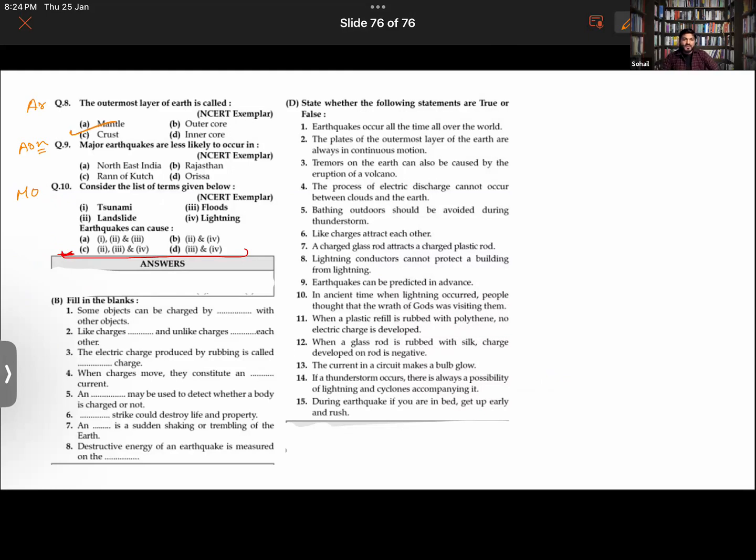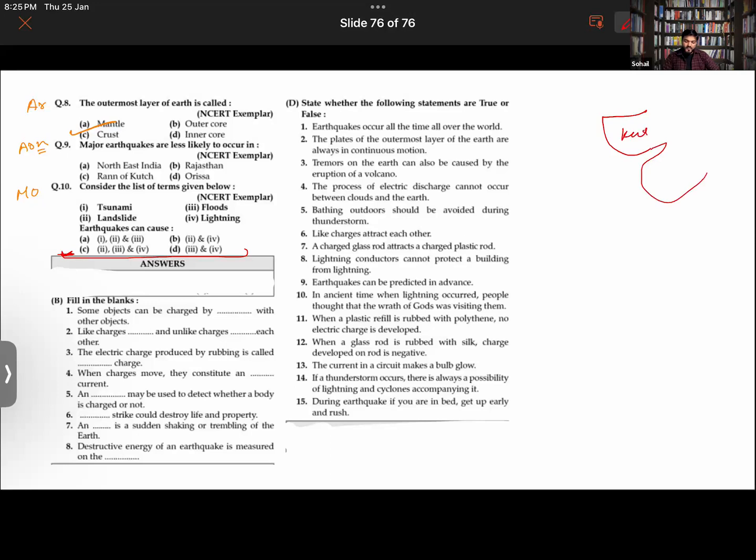Major earthquakes are less likely to occur in where? So which one's mine? Question number 9. Rann of Kutch, by the way, let me tell you, it is in Gujarat actually. Rajasthan. Yes, sir.